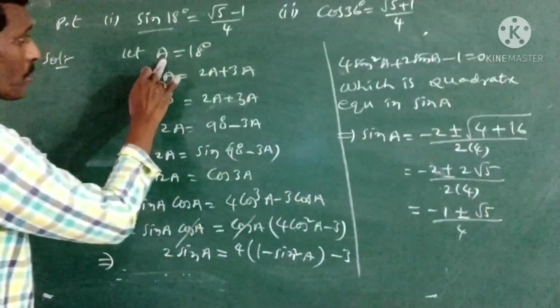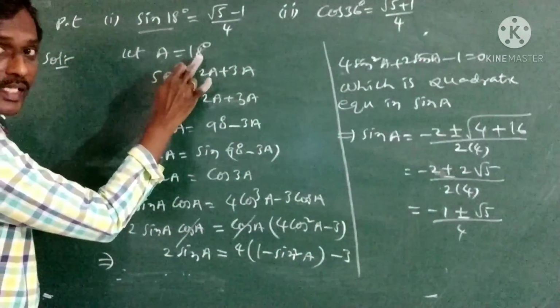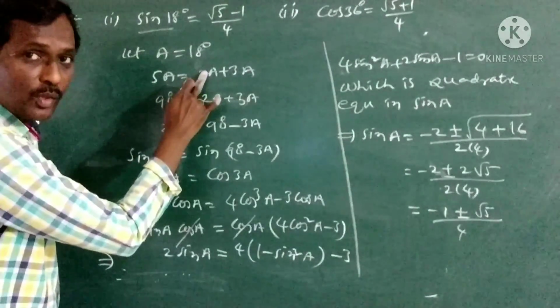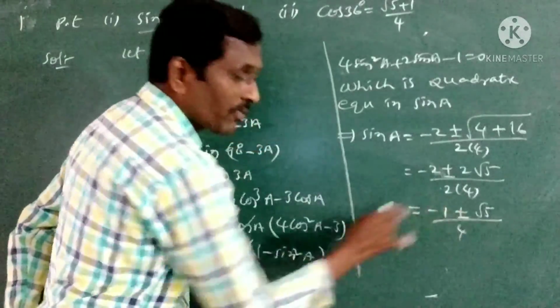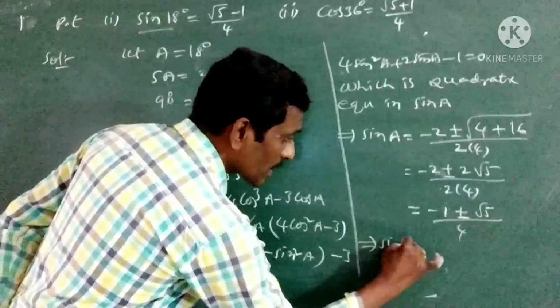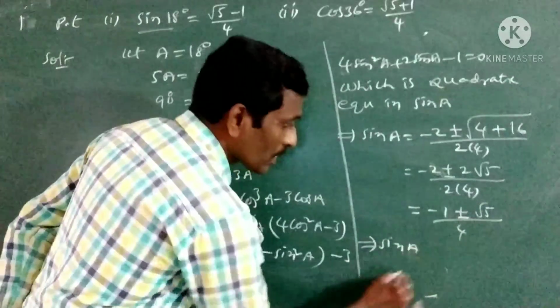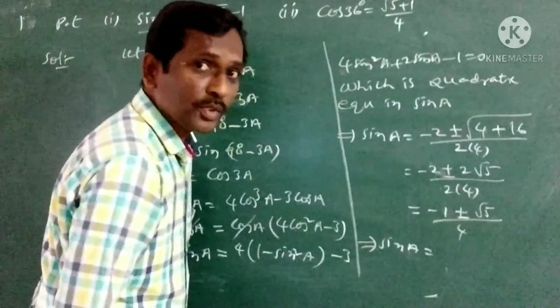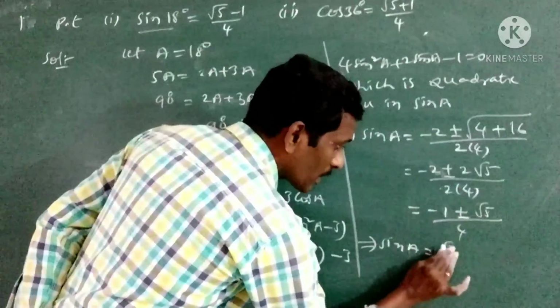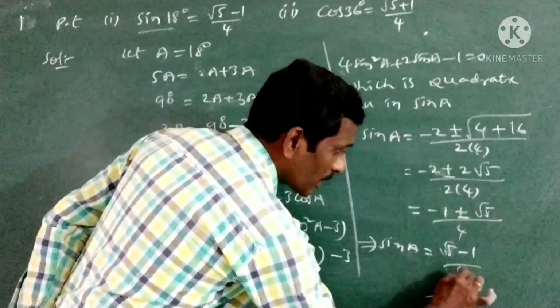Now, what is A? A is 18 degrees. It is an acute angle, so the sign has to be positive. So here this value should be positive, and I am going to write the positive root 5 first, then minus 1 by 4.